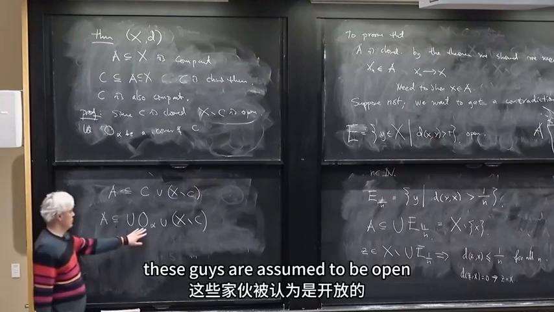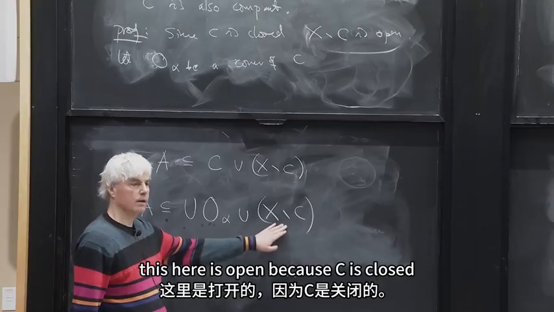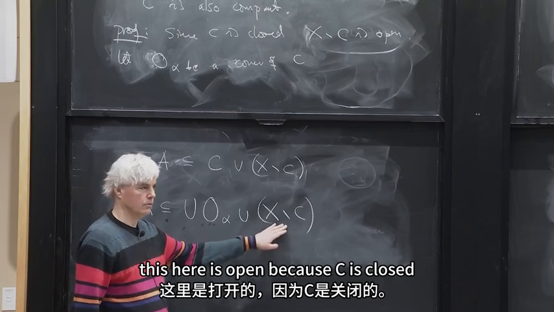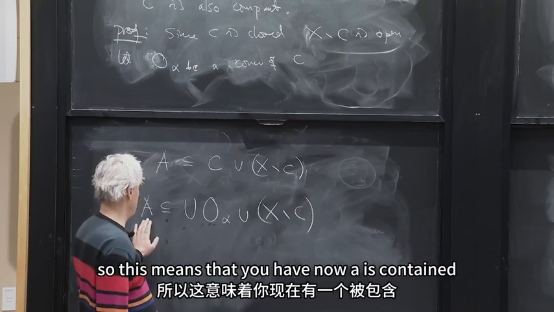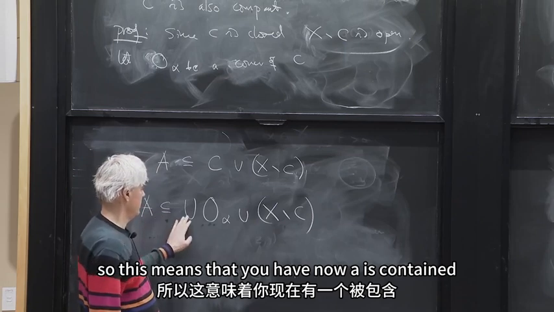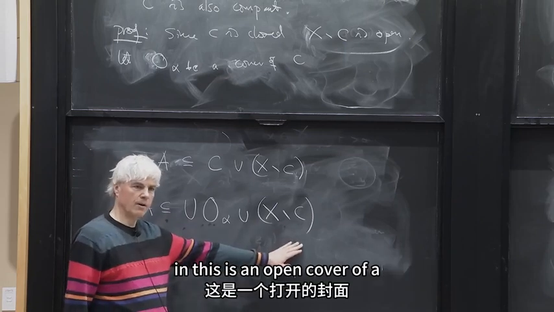These guys are assumed to be open. This here is open because C is closed. So this is an open cover of A.